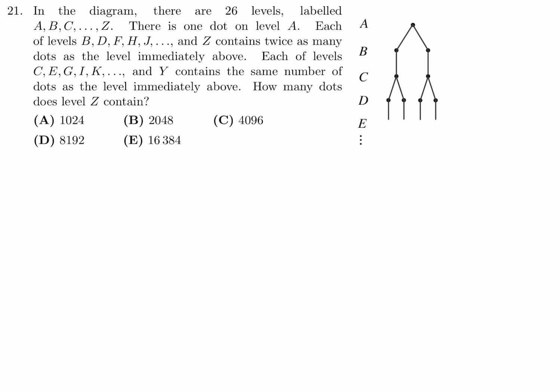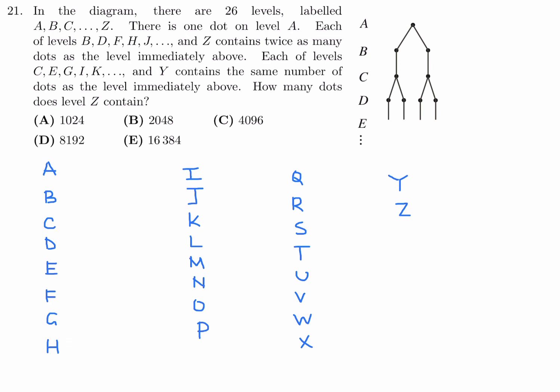Well, we probably just have to write out the letters and then write out the numbers. It wouldn't take that long since it's only 26 letters of the alphabet. And we follow their system, which is partially shown. 1, 2, 2, 4, and that's all they show us.